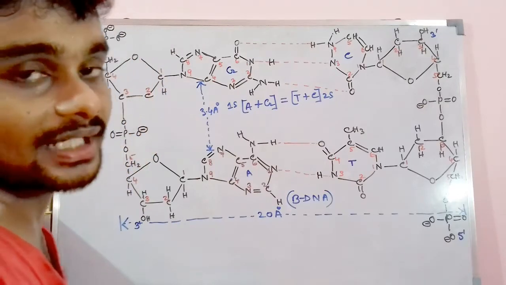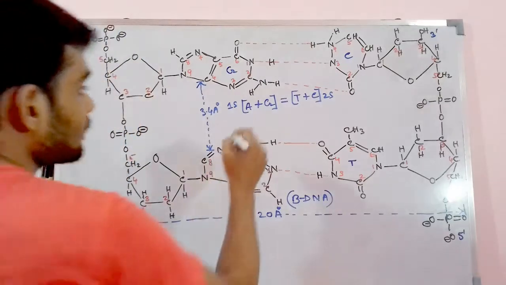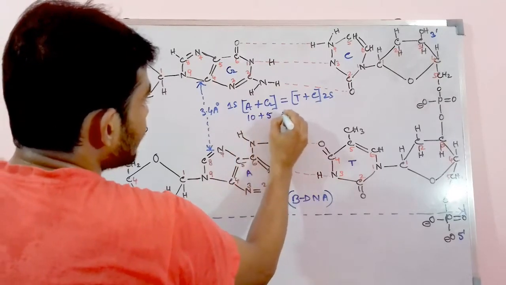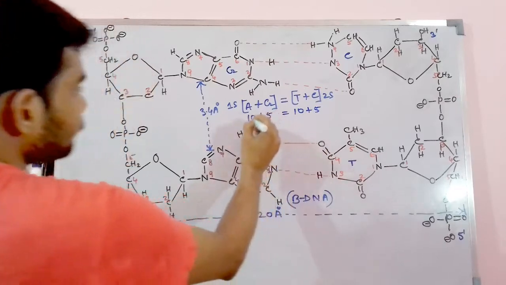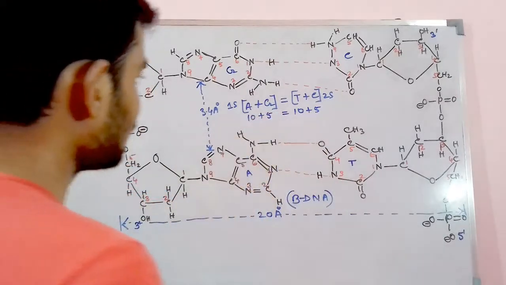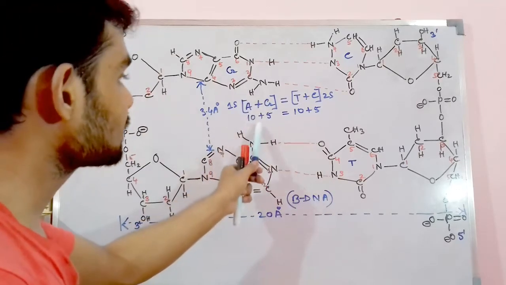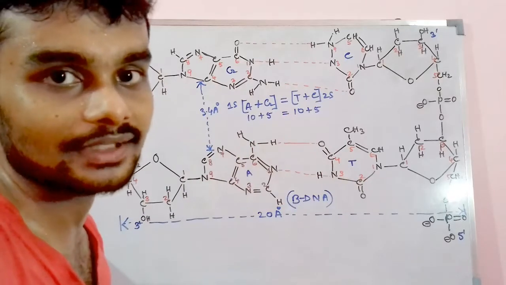So adenine is 10 and guanine is 5, and thymine will also be 10 and cytosine will also be 5. So 10 plus 5 is 15. The total number of purine nucleotides is 15 in one strand, which is equal to the total number of pyrimidine nucleotides in the other strand.